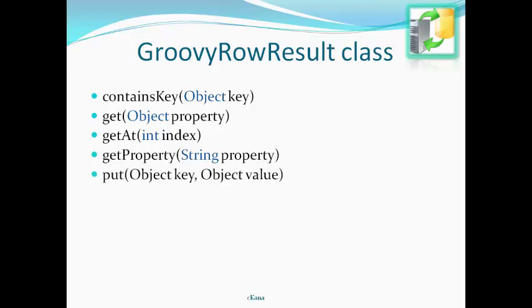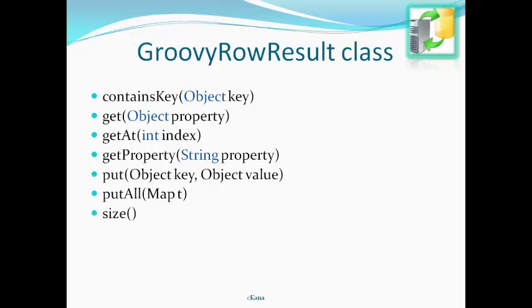Then we have the put method. This associates the specified value with the specified property name in this result. Then we have putAll. This copies all of the mappings from the specified map to the result.